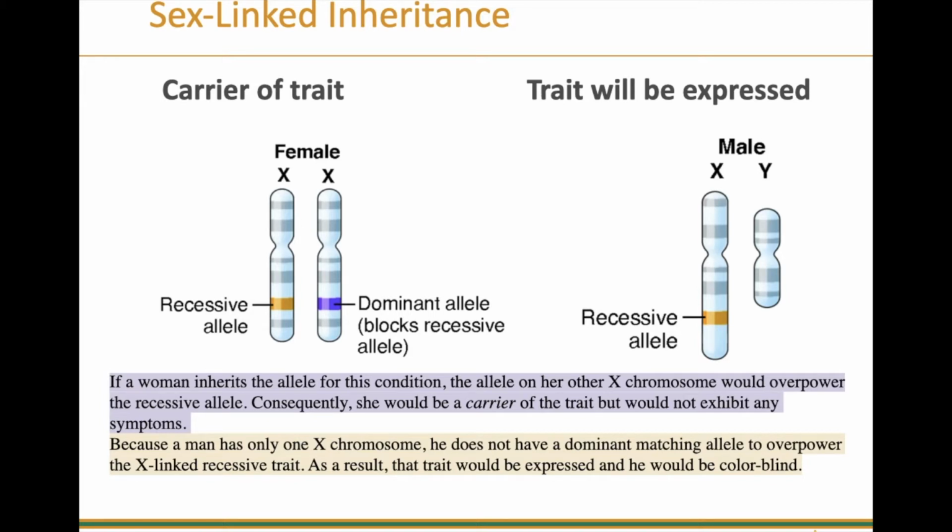So if she inherits the allele for this condition, the allele on her other X chromosome would overpower the recessive allele, so she would be a carrier and she would not have color blindness. If we look on the right, if the man gets this recessive allele, he only has one X chromosome, so the trait would be expressed in him and he would be colorblind. So sex-linked inheritance is going to be an allele or a gene that's on one of the X chromosomes, generally.